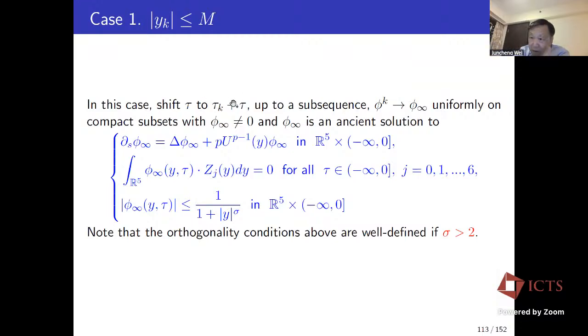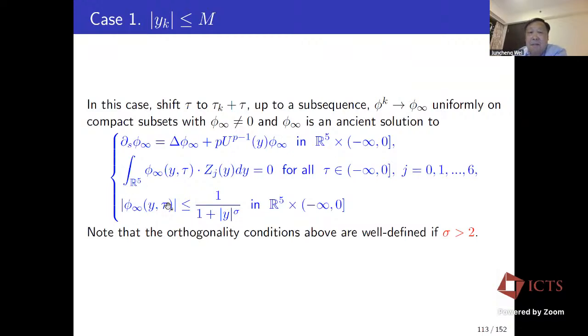So you go backward. When you go backward, what you're going to see is an ancient solution to the parabolic equation, because the tau k goes to infinity. And this phi is orthogonal to all kernels, from 0 to 1 to 6, because our n is 5.